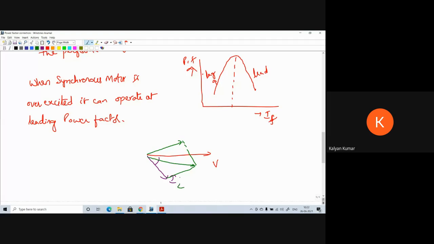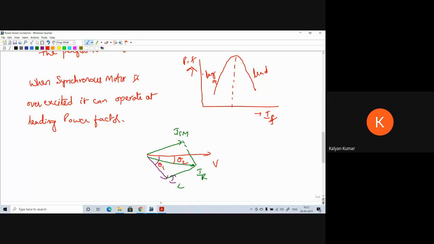This is load current, this is synchronous motor current, this is resultant current. So if you observe, now the resultant current is going to lag the voltage by some other angle. Initially, it is lagging by θ1 angle; due to the connection of the synchronous motor, now it is lagging by only angle θ2.